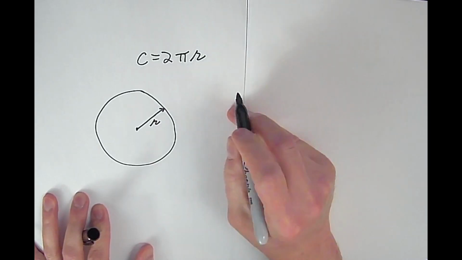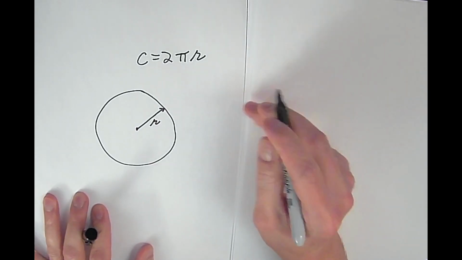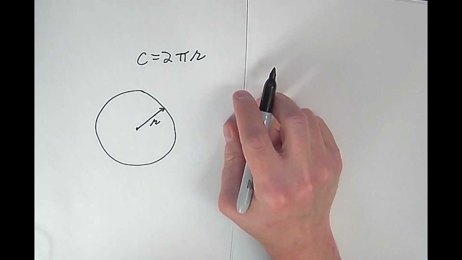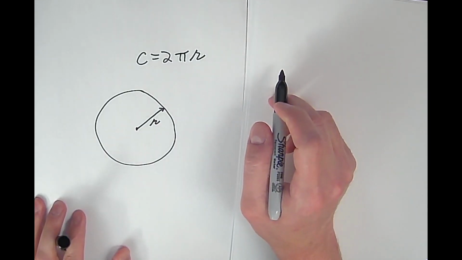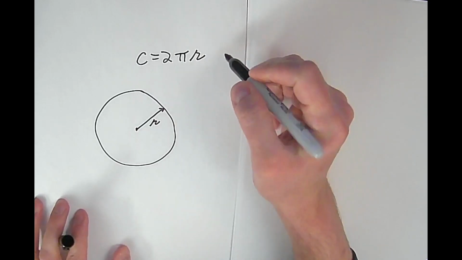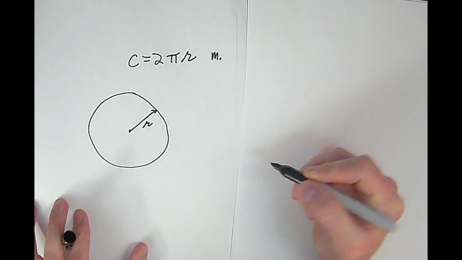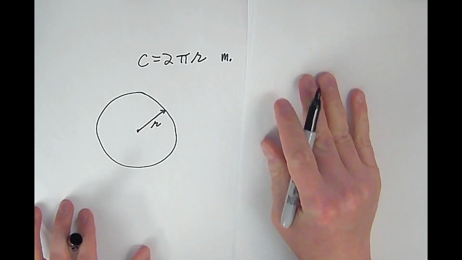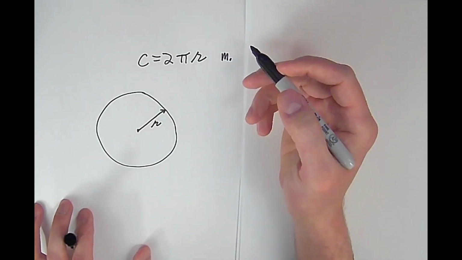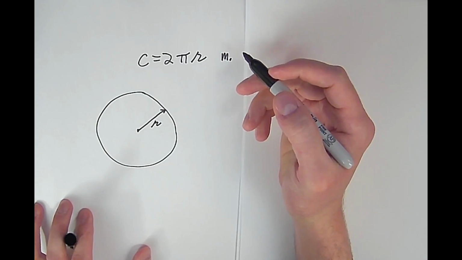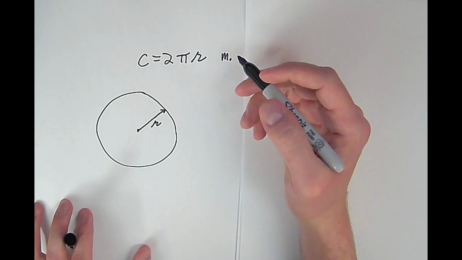That's if the rope is lying on the surface of the earth. We could call the units meters, we could call them feet. Let's just say meters, because I like the metric system. So let's say that we instead need it to be 1 meter off of the ground.